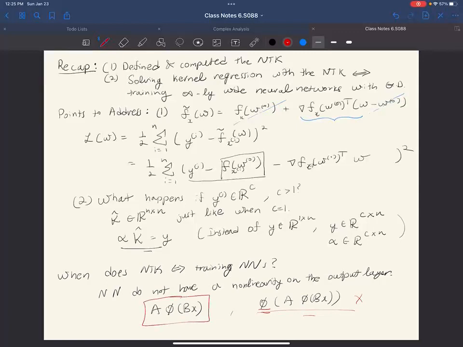And so what does this mean in practice? It means if you have a sigmoid or softmax activation on your neural network, you might not necessarily match the predictions of the neural network with the neural tangent kernel, even if you grow super, super wide. Is this an issue in practice? Not really, because as you'll see, even linear networks with the square loss are very, very good classifiers.